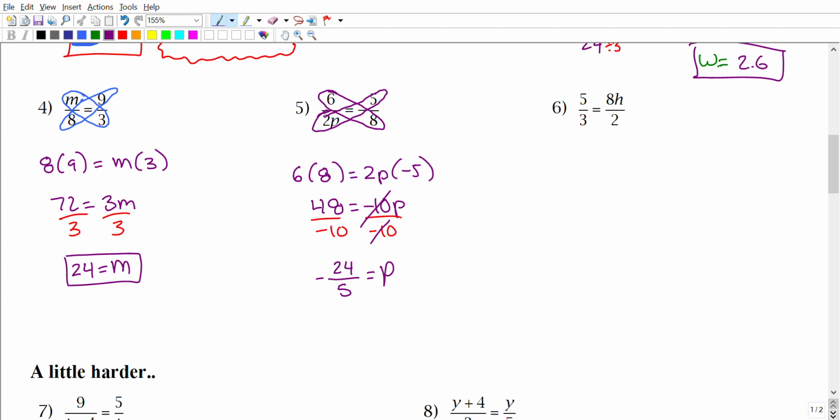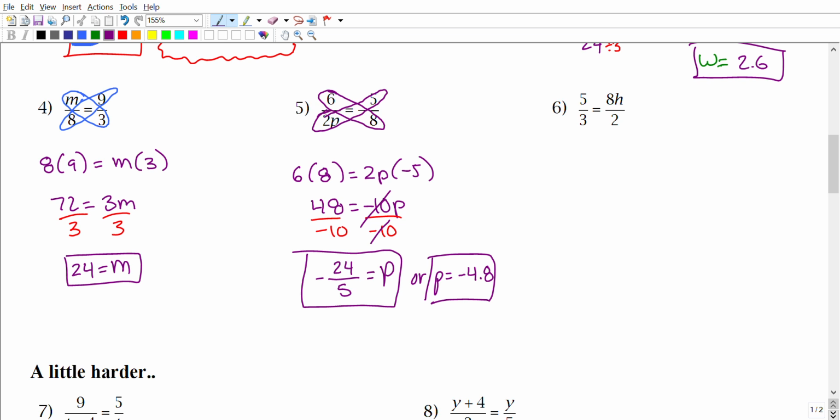And remember, it's a negative 24 over 5. All right, so that is my final answer. Or if you have this in decimal form, you might have, let's see, negative 4.8 as your answer. Okay, so both of those answers are acceptable.